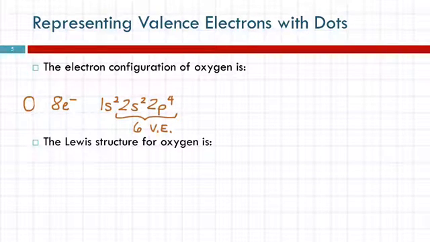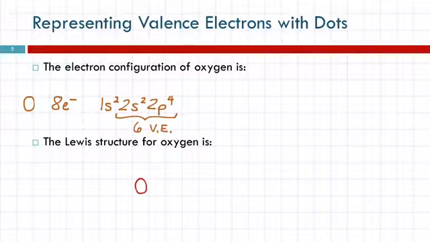So the Lewis structure for oxygen. You just write the element symbol, O, and then those 6 electrons are going to be represented as dots. Okay? By convention, we put the dots on the top, the bottom, the right, and the left. We don't make circles of them. They'll end up getting paired up if there's 8.